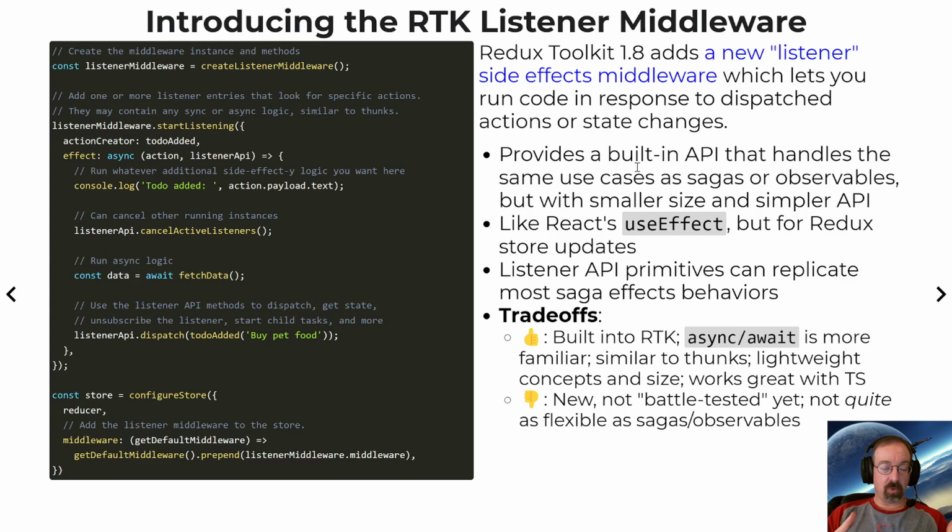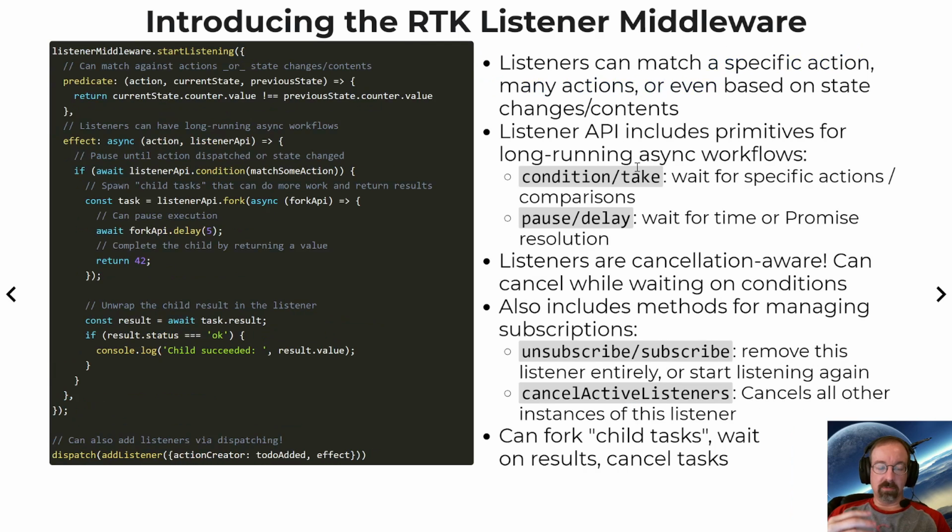So it is pretty powerful. You can do most of the same things that you could do with Sagas, but hopefully it's a lot easier to learn and use. It's also built on async await, which is a much more common paradigm that more developers understand. Listeners can decide when to run by listening to specific action types, matching against a range of action types, or even providing arbitrary comparisons, which allows you to do things like cases where certain state fields have changed.